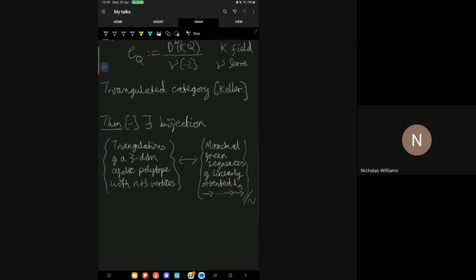So the starting point for the paper I'm talking about today is the following question. So does this hold for other orientations of A_n?